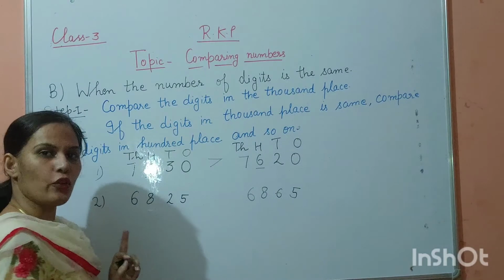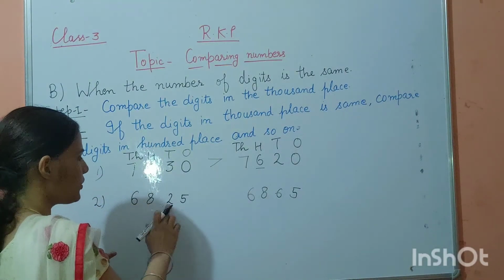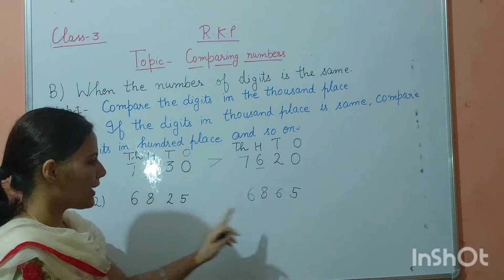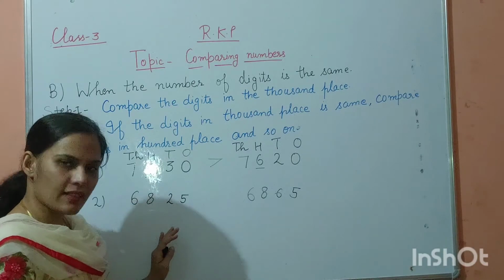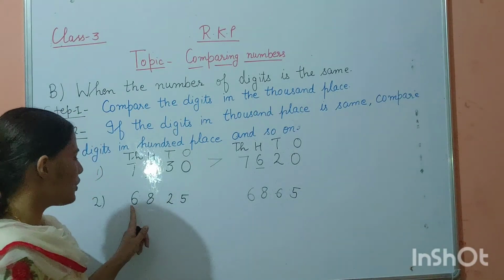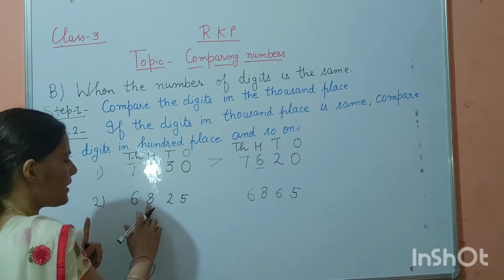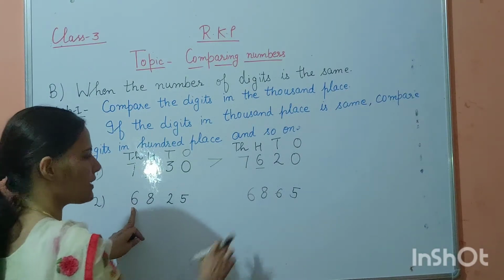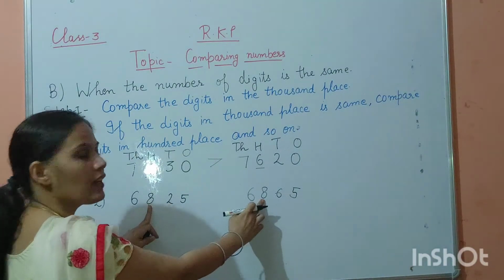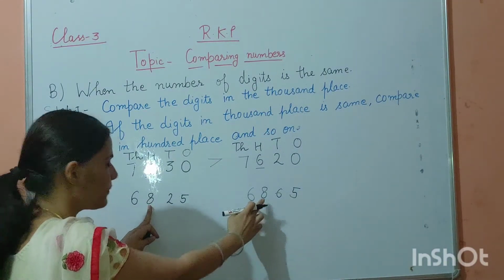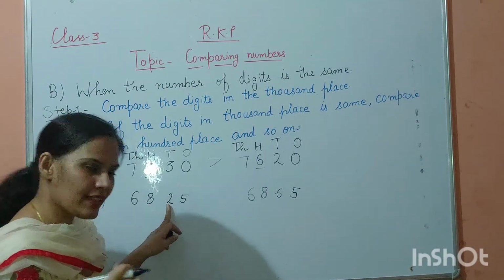Now first of all, check which number is greater. 1, 2, 3, 4. It has 4 digits and it has 4 digits. Means the number of digits is the same. Then what will you do? Compare from the thousand place. This is the ones, tens, hundred, thousand place. This is 6 and this is 6. Both are the same. Then go to the hundred place. Both are the same. Then you will go to the tens place.